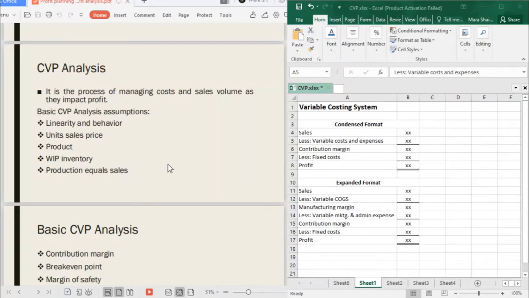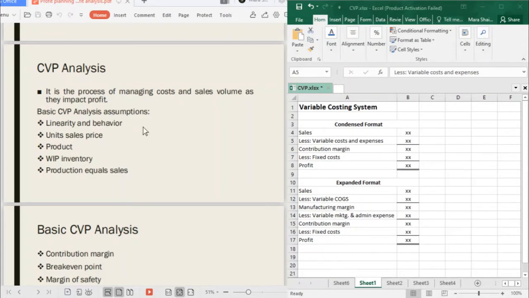Whatever you produce is also what you sell. So those are your assumptions under the basic CVP analysis. It is called basic CVP analysis because later on, there is a sensitivity analysis. For this discussion, we'll just be talking about the basic CVP analysis.